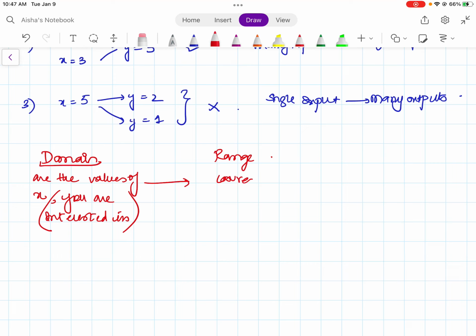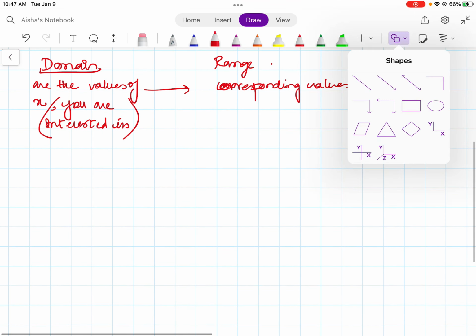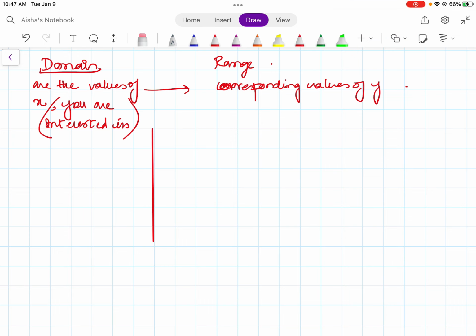Corresponding values, meaning if you look at a normal graph, right?